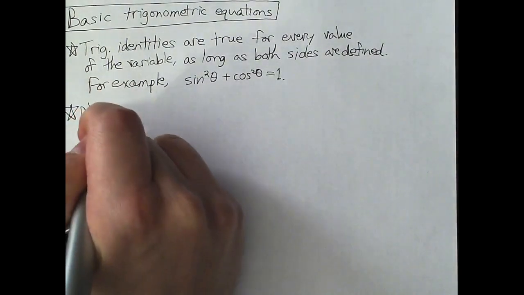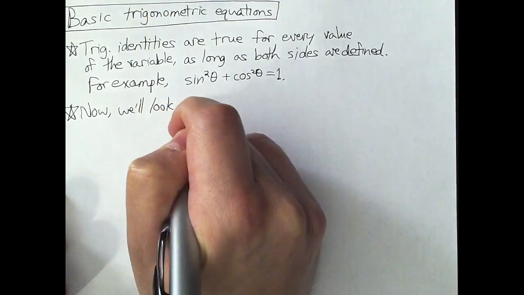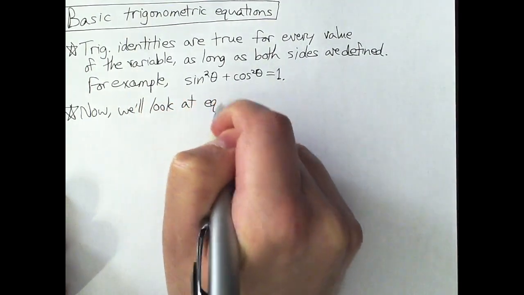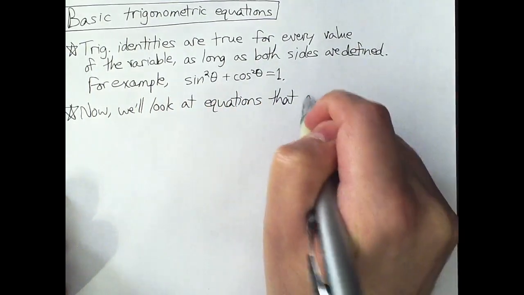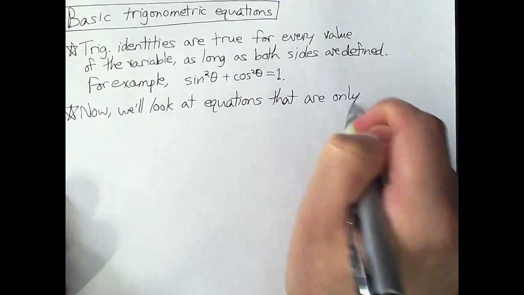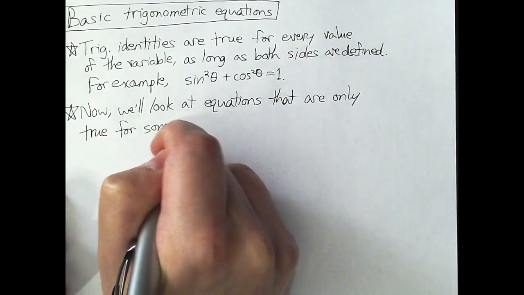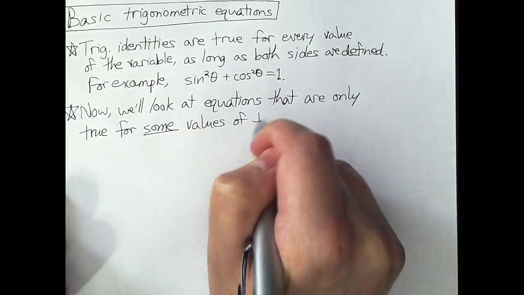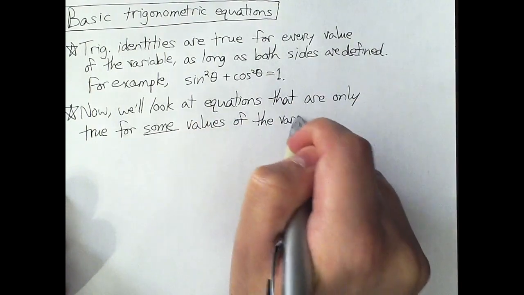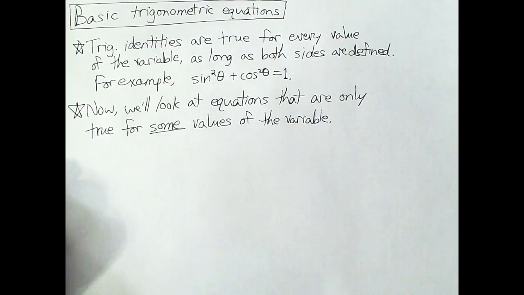Now, we'll look at equations that are only true for some values of the variable. And I'm using the word equations here, and I'm not using the word identity.